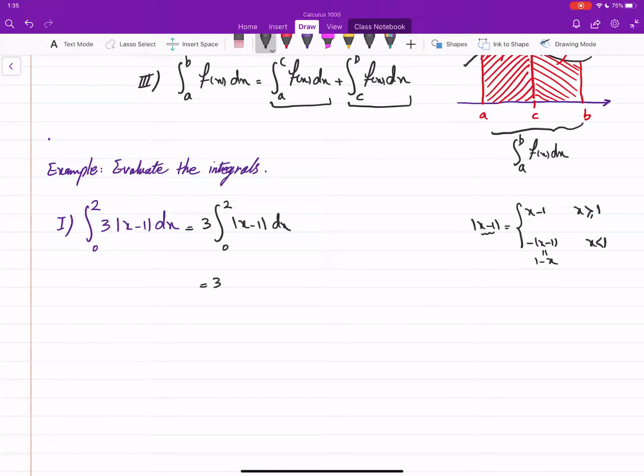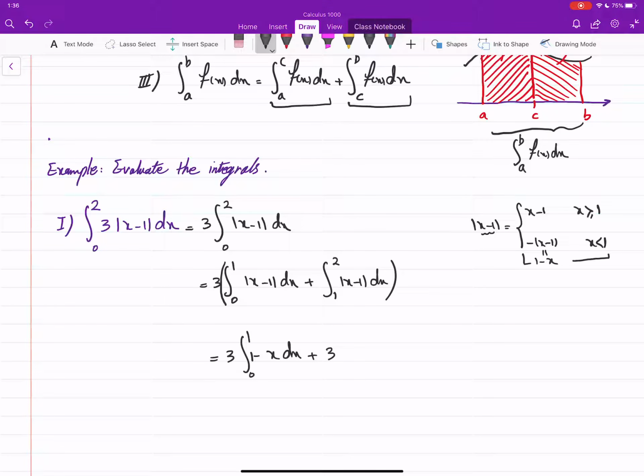Now we can separate this in two pieces. There's a 3 there: 3 times the integral from 0 to 1 of the absolute value of x minus 1 dx, plus from 1 to 2 the absolute value of x minus 1 dx. And why is that so again? Because on 0 to 1 we have one formula for the function, so we can have 1 minus x dx.